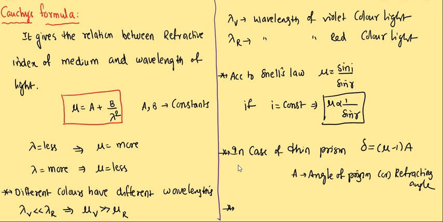We know the lambda of violet color is less than the lambda of red color. Due to that, the refractive index of violet color is more than that of red color. If nu V is more, then delta is also more. That's why the deviation angle of violet color is more than the deviation angle of red color.